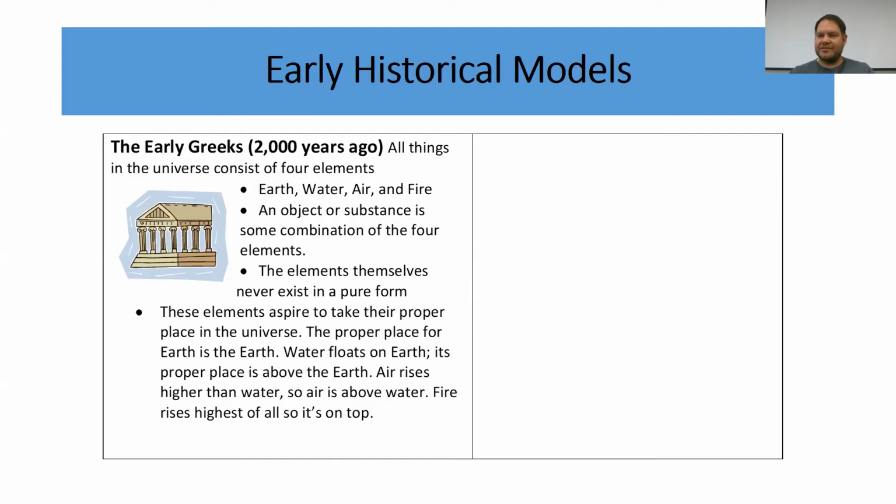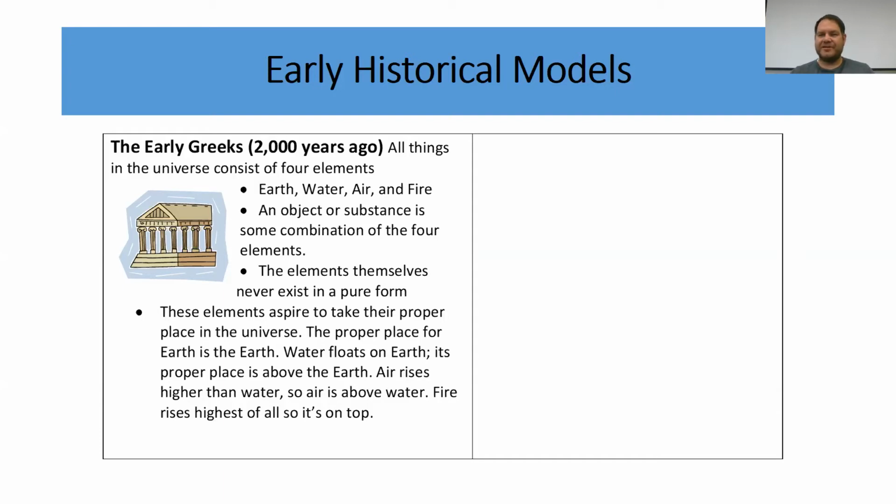Early on, many of these Greek philosophers, through some observation and experimentation, developed the concept of the element. In their understanding, all matter, all materials found on Earth, are composed of 4 elements: earth, water, air, and fire.